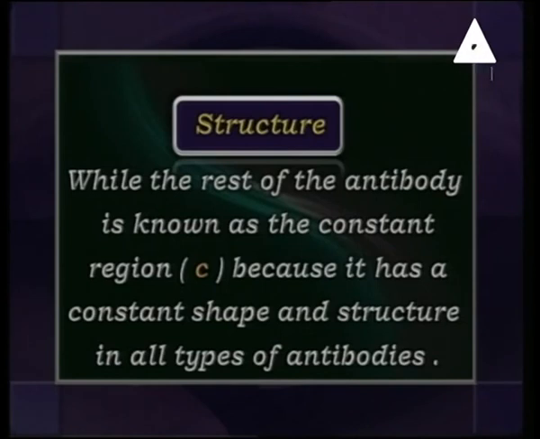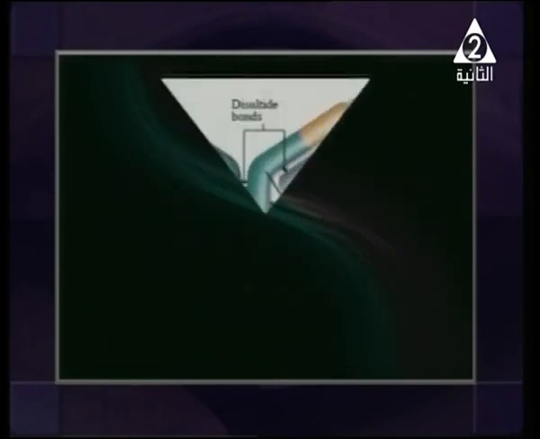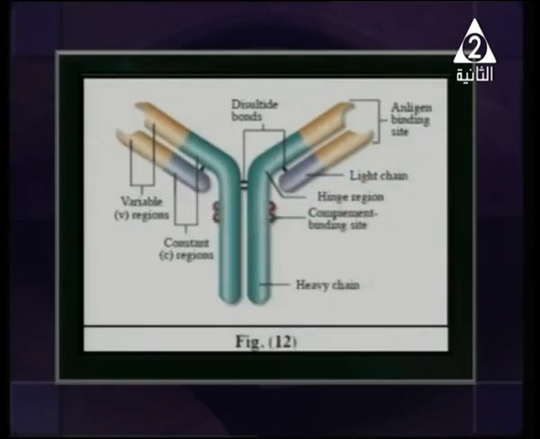We have here a picture to show us the shape of the antibody. As we said, it looks like a Y shape, and it has two kinds of chains, one heavy and the other light. The four chains are joined together by disulfide bonds.